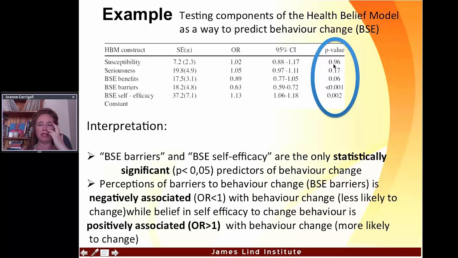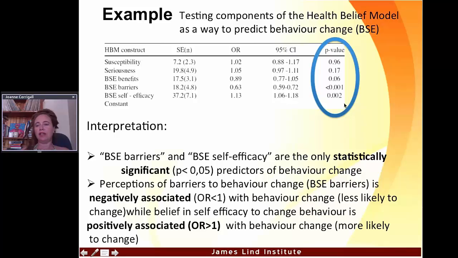So when we look at this table here, we can see actually there's only 2 results that are statistically significant, or that we can't say have occurred from chance alone. And those are barriers. So does the person perceive that there's barriers to going to be tested? What happened in that situation is where people felt there are barriers, let's say waiting in a queue or engaging stigma, they were less likely to go and be tested or change their behavior, and that is a statistically significant finding.